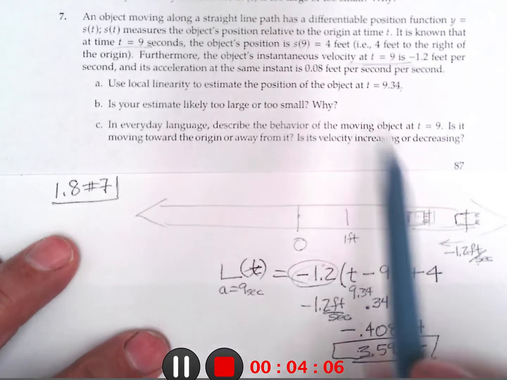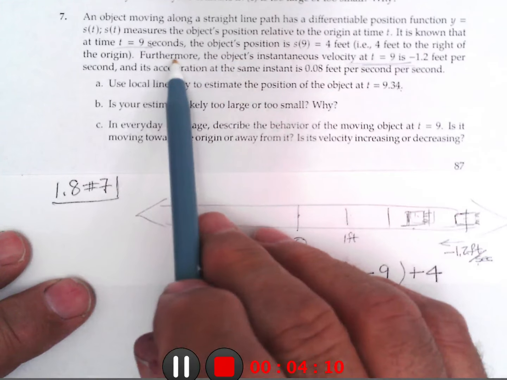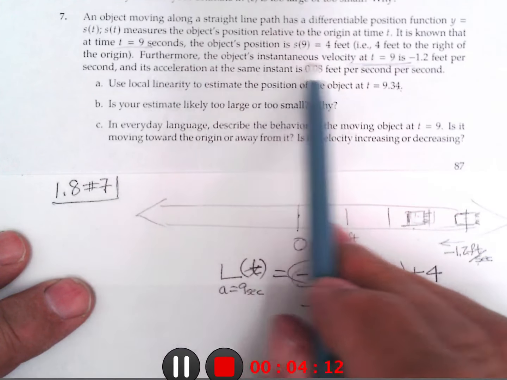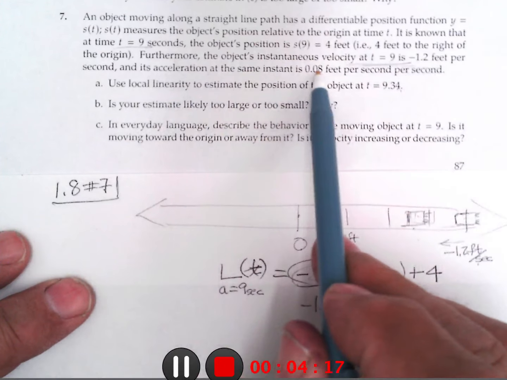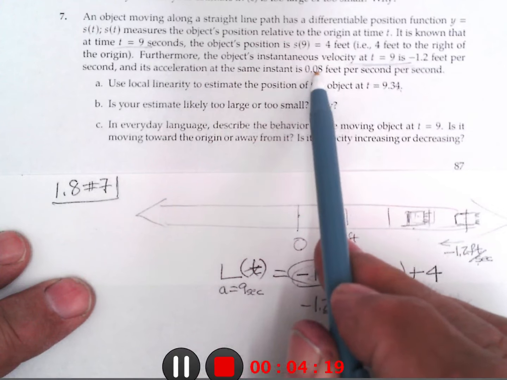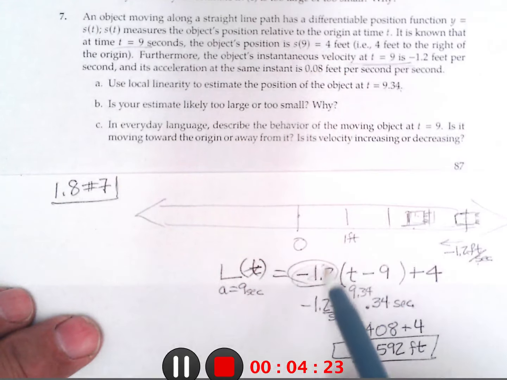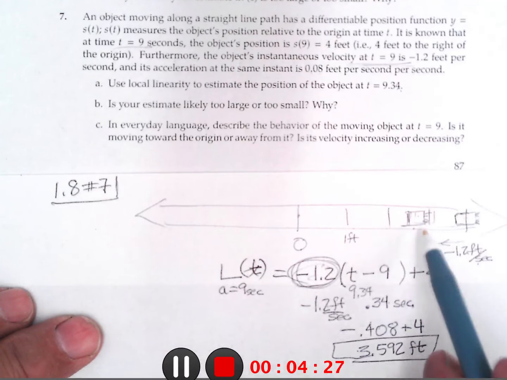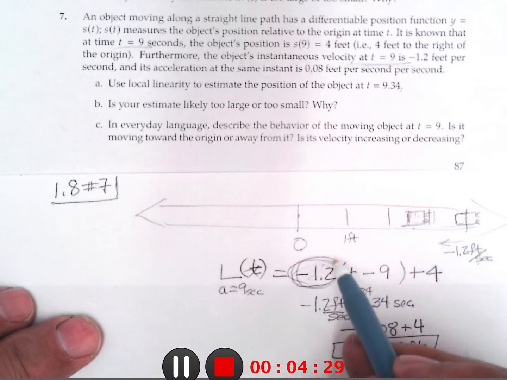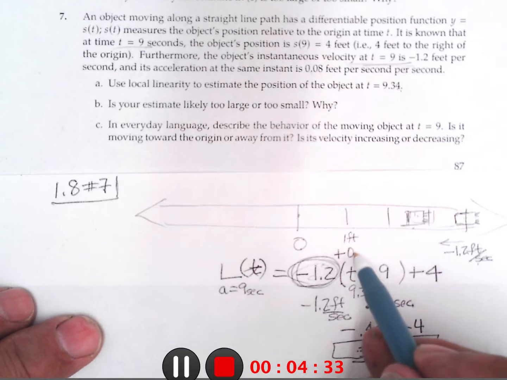However, furthermore, the object's acceleration is 0.08 feet per second per second. So the velocity doesn't stay the same. Every second, it is increased by plus 0.08.